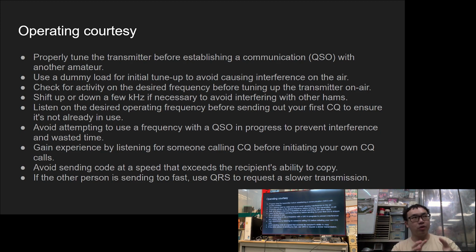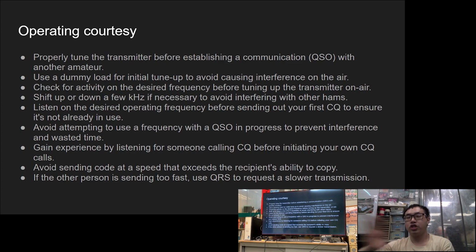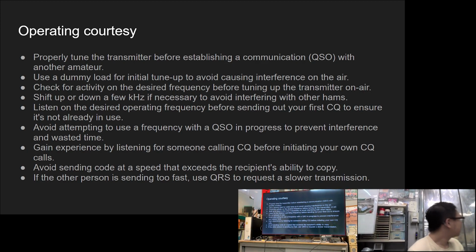If you connect the dummy load to your radio, you are not going to emit any signal. It's just like a black hole. It will absorb all the signals, so that when you test your radio, you are not going to interfere with others. That's why you have to use it, at least for testing your equipment.